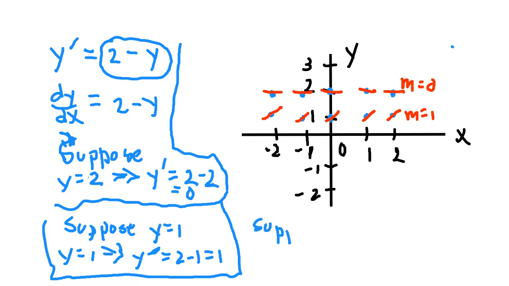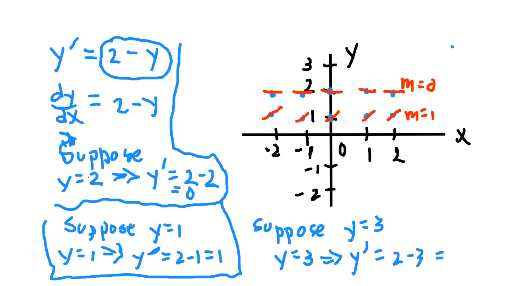So I'm just picking some values. Let's suppose y equals 3. What would the derivative be for that value? Well, the derivative, y prime, would be 2 minus 3. That's right. Good, Clay. Minus 1.